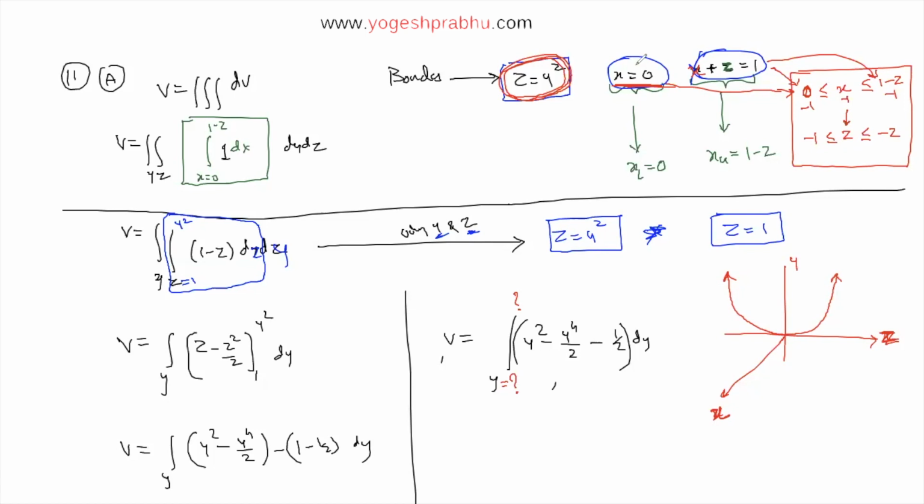What is x equal to 0? X equal to 0 is the yz plane, right? And x plus z equal to 1.